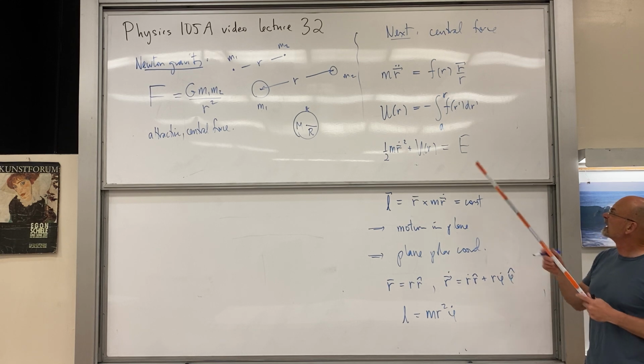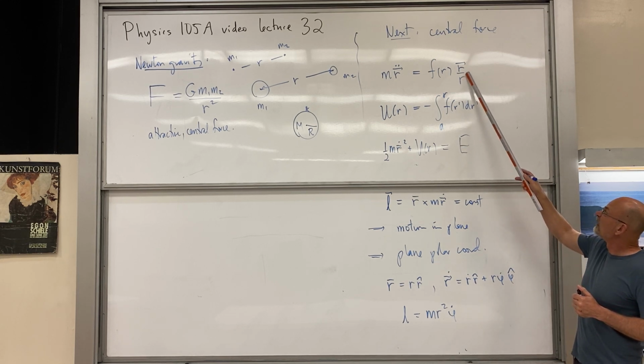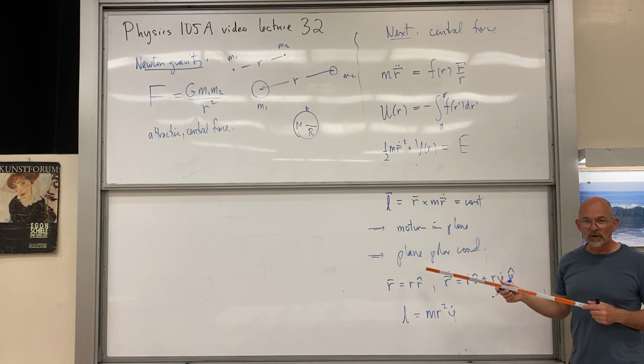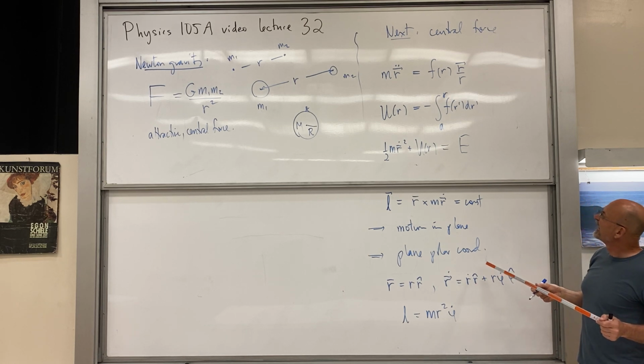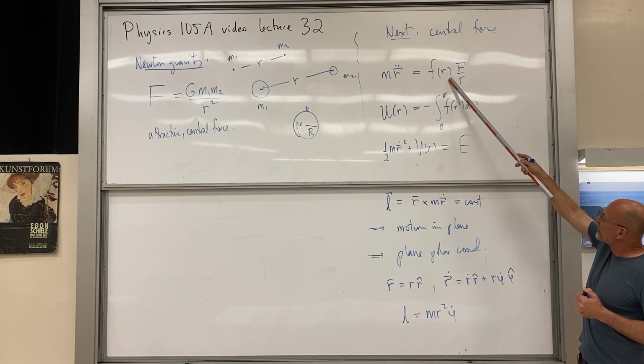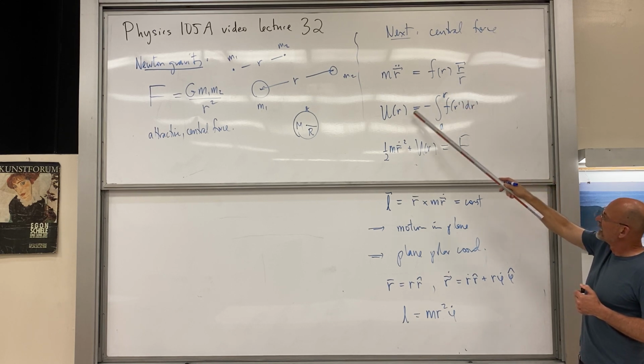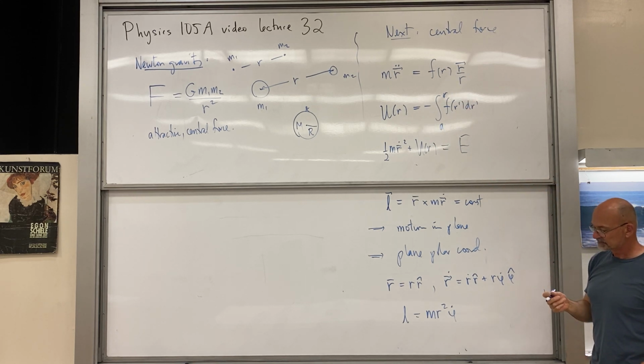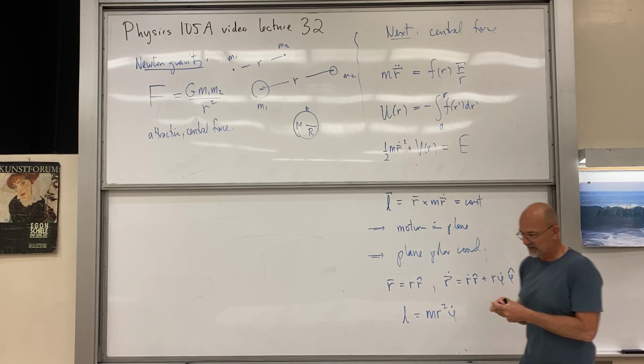So what we have to do now is continue along these lines. We're going to treat our whole central force problem in plane polar coordinates, and we have to take the forces and obtain the potential energies. So that's our next task.